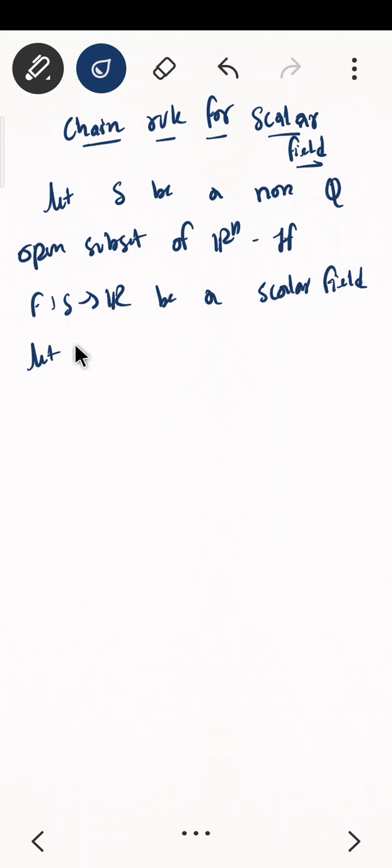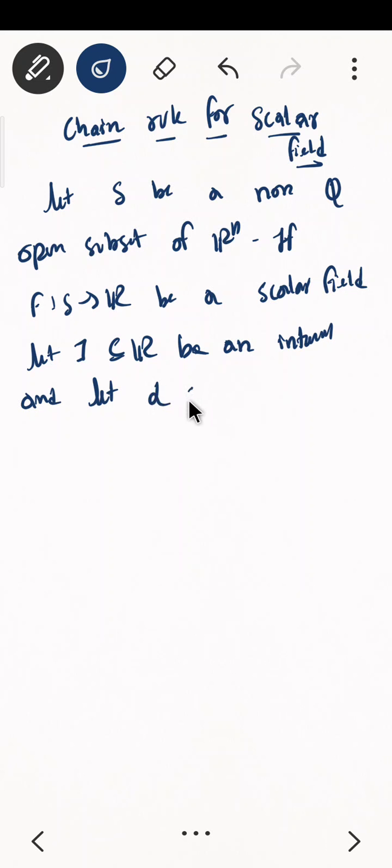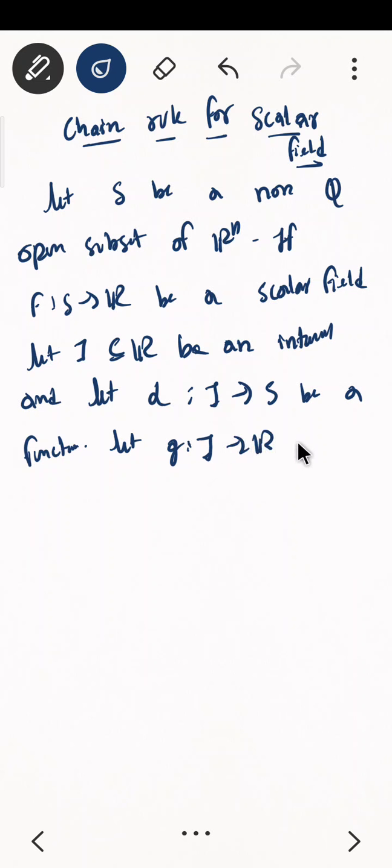Let I, that is in R, be an interval, and let alpha from I to S be a function. Let g from I to R be defined by g of t is equal to, say, f composite alpha of t.